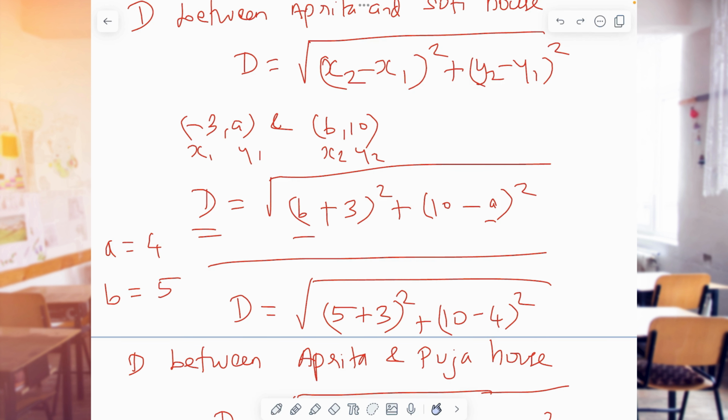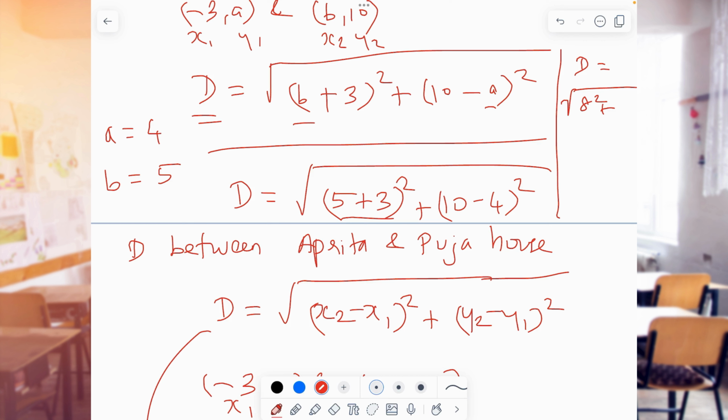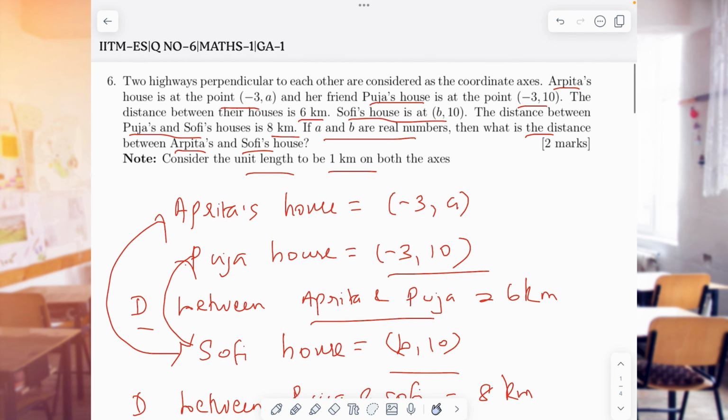So d is equal to square root of 5 plus 3 is 8 squared, so 8 squared plus 10 minus 4 is 6 squared. 8 eights are 64 plus 6 squared is 36, is equal to root of 100, is equal to 10. Hence 10 kilometers is the correct answer. The distance between Aprita and Sophie's house is 10 kilometers.